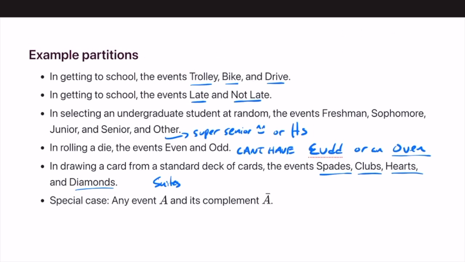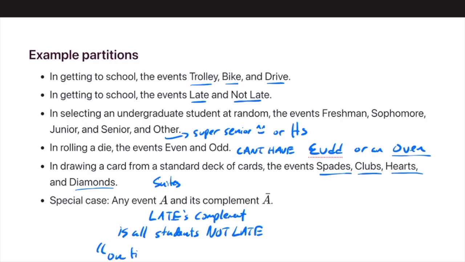So for example, like late and not late, you could say late's complement is all students not late, which in reality is people who are on time or not late.